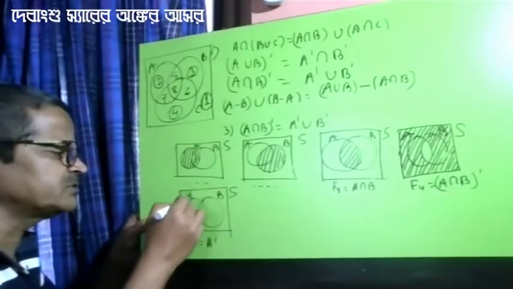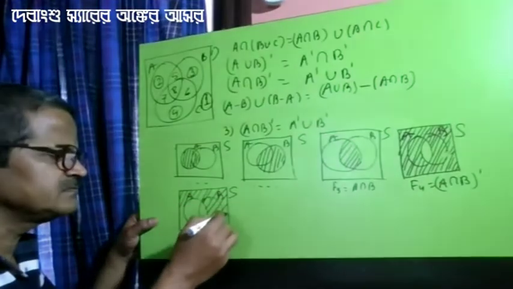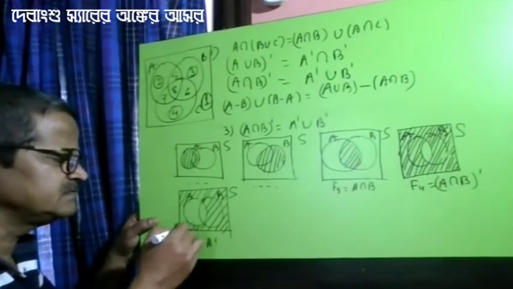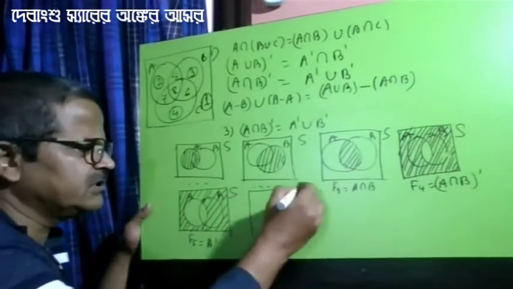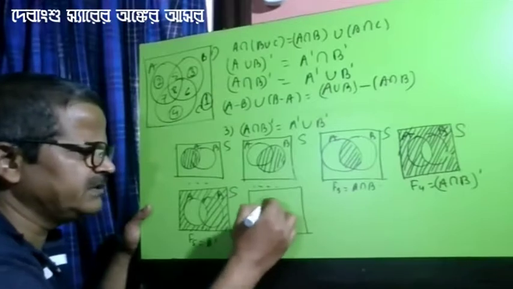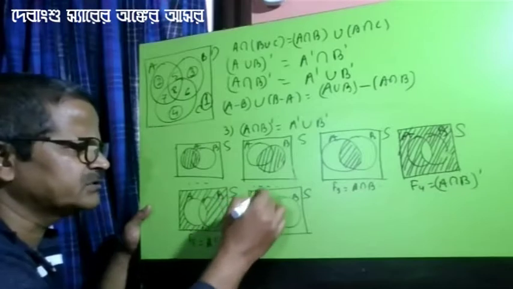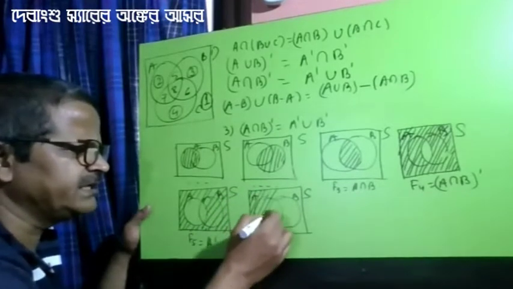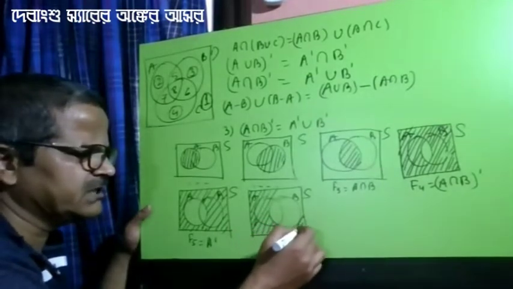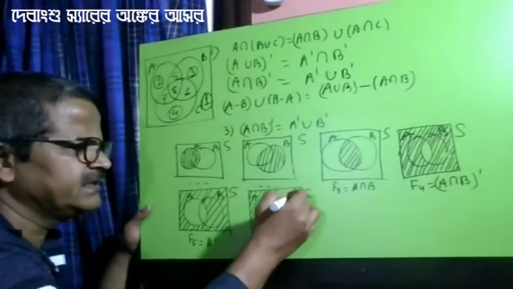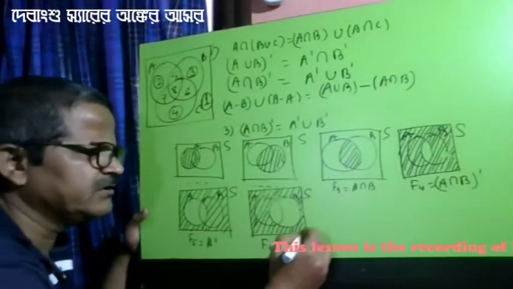A complement is the portion outside the set A. This is A complement. As we did earlier, this will be our B complement. A, B, S. So the portion outside B will be shaded, only the portion outside B. B complement, F6 is equal to B complement.